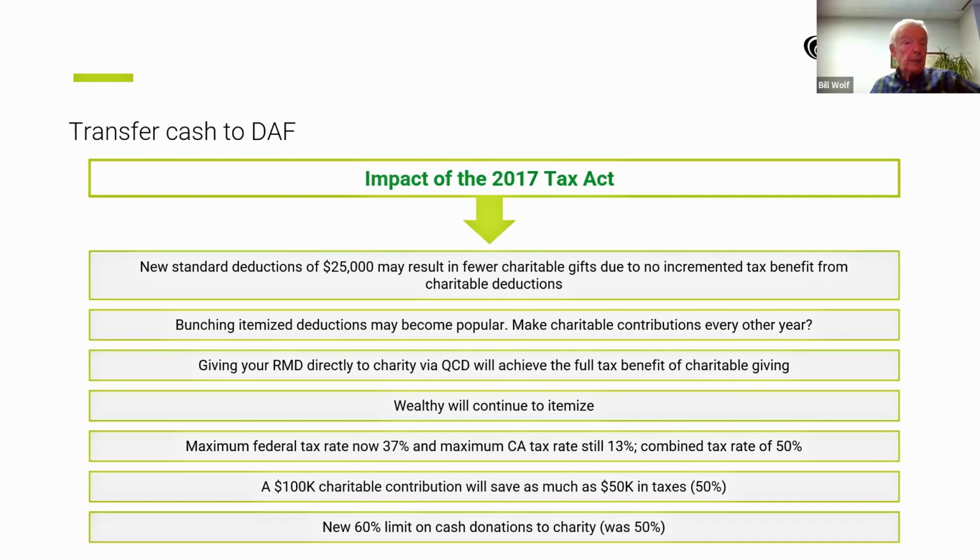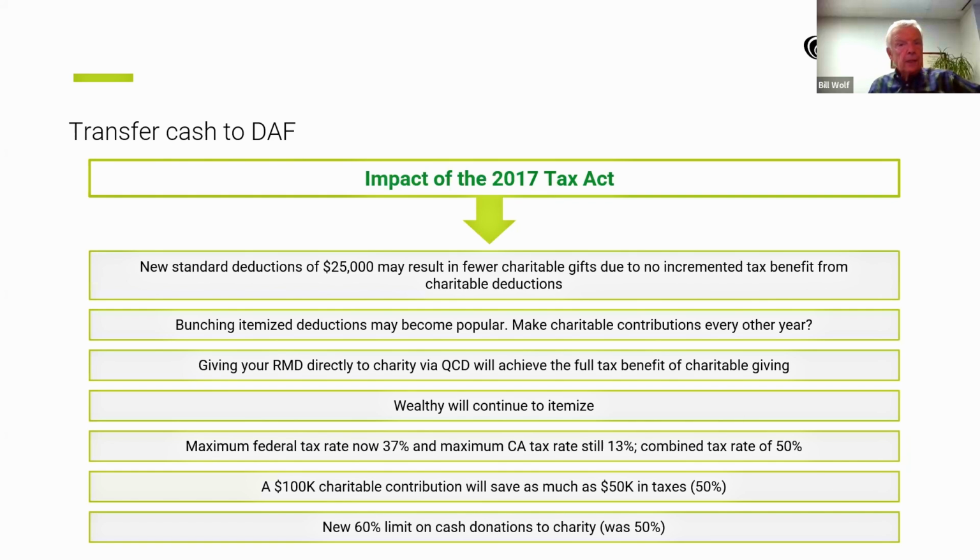So one of the techniques that has become very popular is that instead of taking the RMD and paying tax on it, you give that amount to charity and have it dispersed directly. You don't receive it and then disperse it. You make a direct transfer from the IRA to the charity and arrange that with whoever is the custodian of those funds.